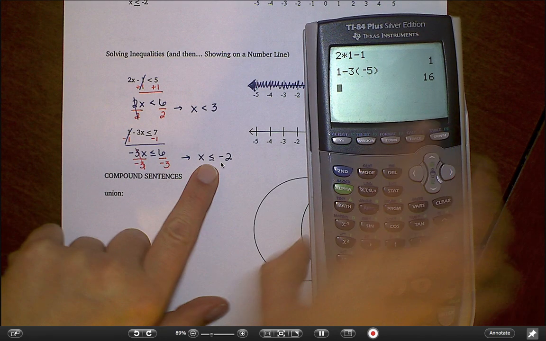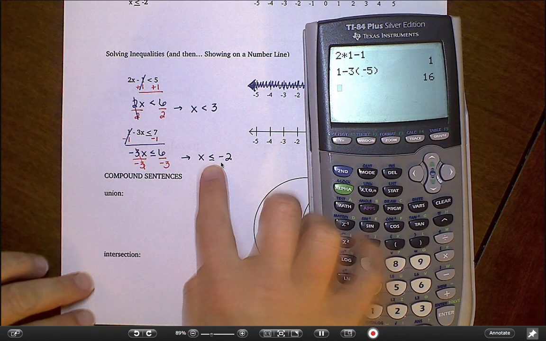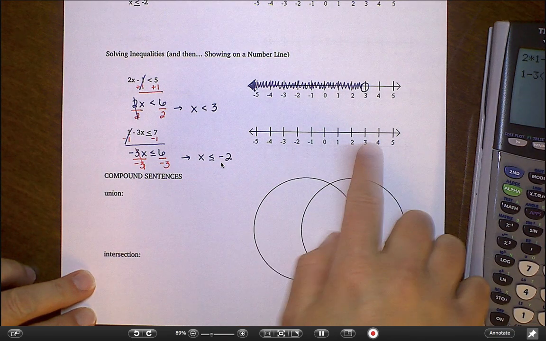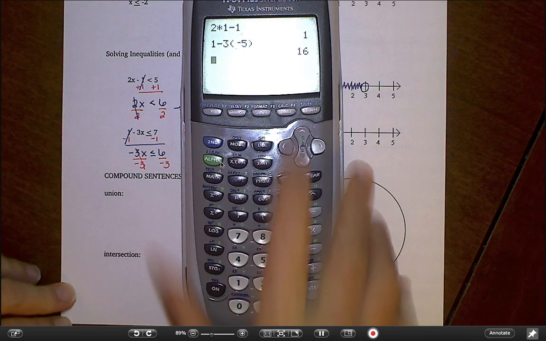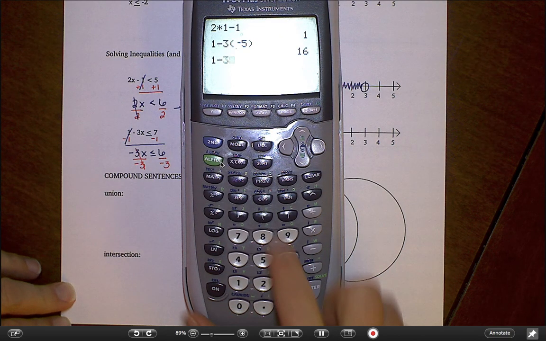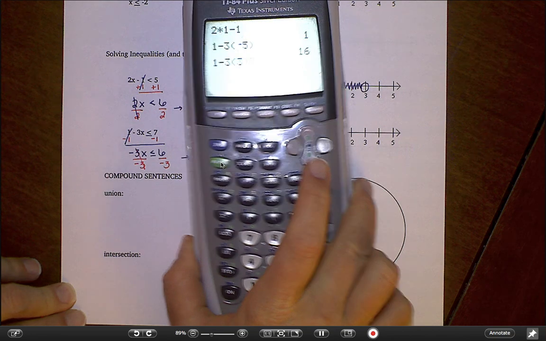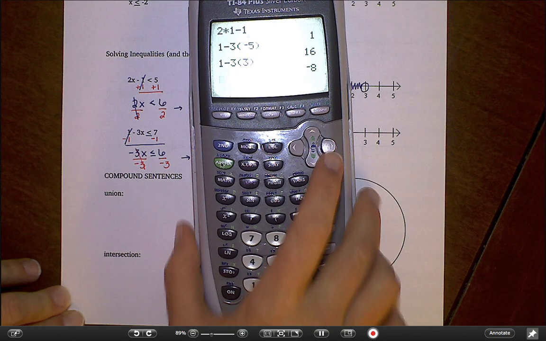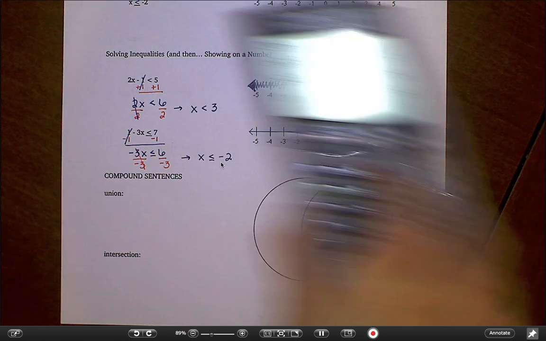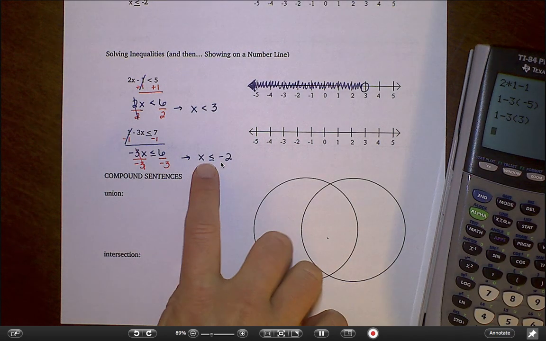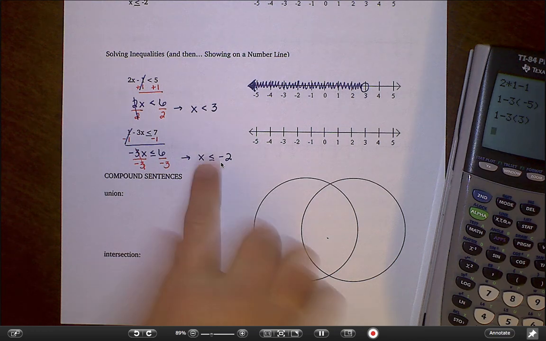But watch this, if I pick something on the other side of negative 2, if I pick something that's actually larger than negative 2, so let's say positive 3, okay? If I do 1 minus 3 times 3, I end up with something that is smaller than negative 7. All right, so something got switched around here, right? This is not correct. This statement needs to read the other way.